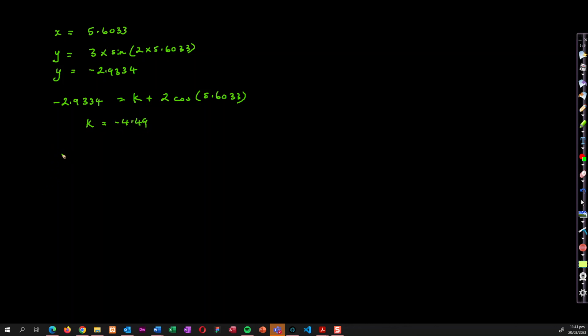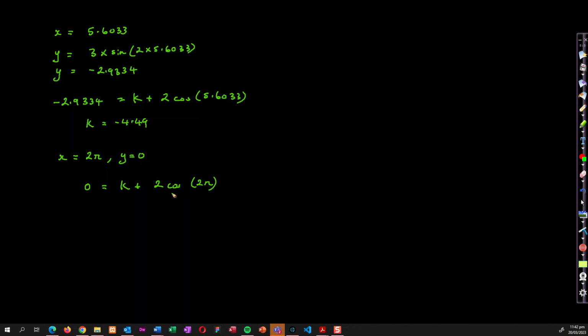Then we go until x is equal to 2 pi, and we can see from the graph that y would equal 0. So we don't need to do this calculation up here; we can just read it from the graph. That gives 0 equal to k plus 2 cos 2 pi.